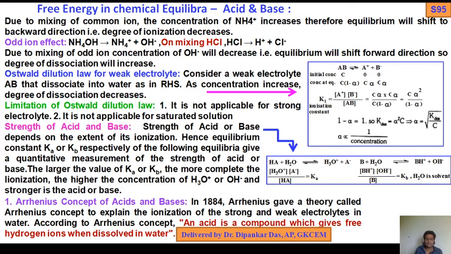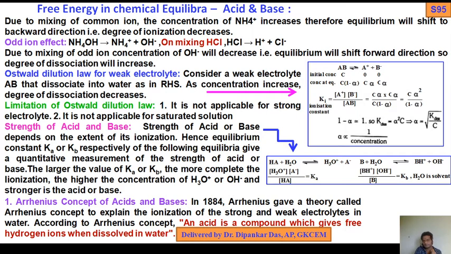So again I tell you, strength of acid or base depends on the extent of ionization. So the larger the value of K or Kb, the more the ionization, the higher the concentration of hydronium ion or OH minus ions, and the stronger is the acid or base.